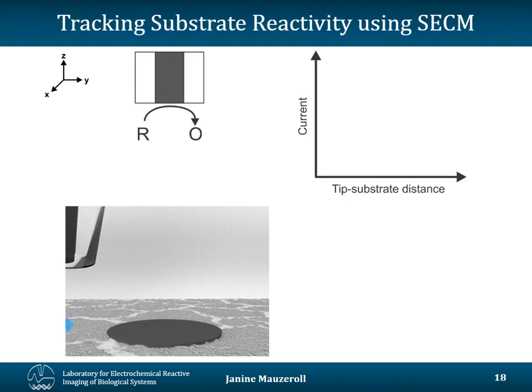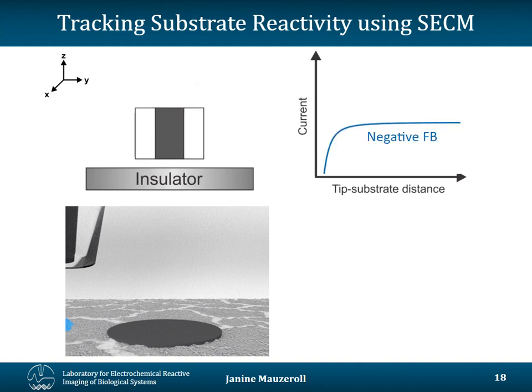So if we want to recap the behavior that we can observe during typical SECM experiments, if we approach a microelectrode to an insulating surface, a piece of plastic, a piece of glass, a surface that's covered with a non-conductive protein, then as the tip to substrate distance decreases, we will progressively measure a decrease in the current at our microelectrode because the insulator is physically blocking the hemispherical diffusion of the species in solution.